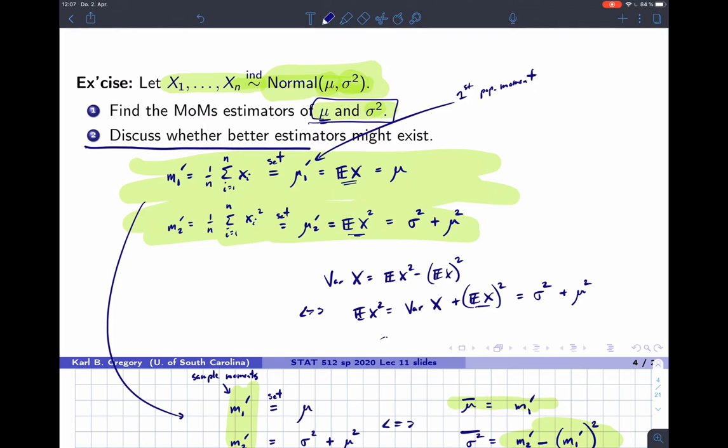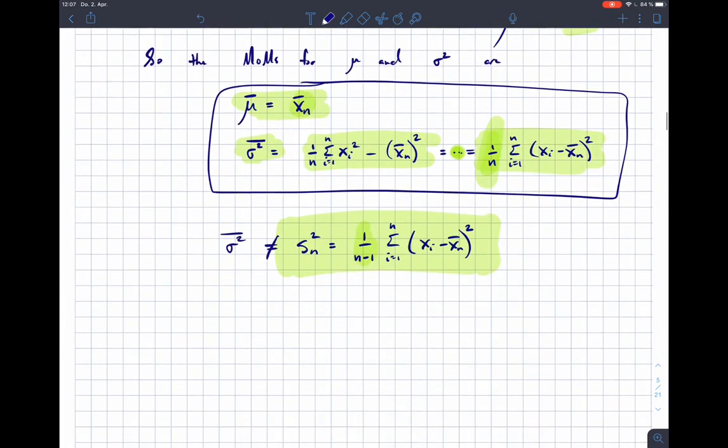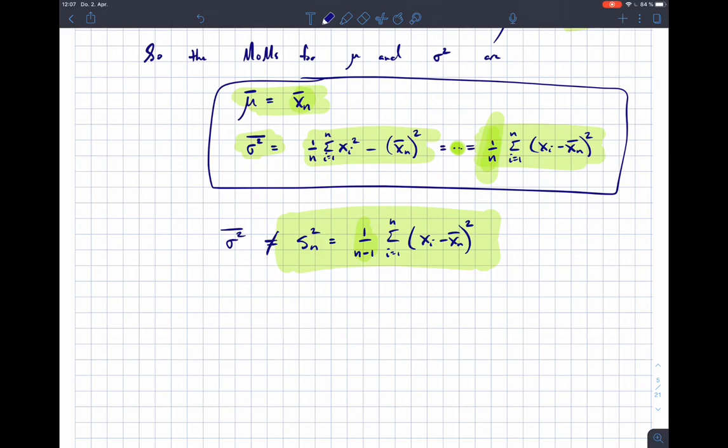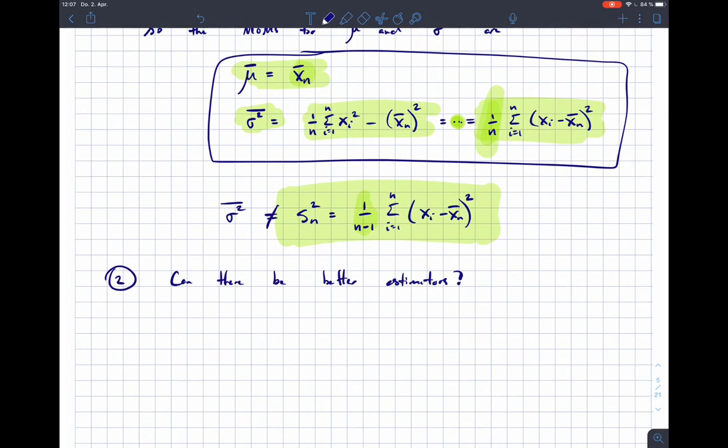Our second task is to discuss whether better estimators might exist. Okay, so let's discuss that. For mu, can there be better estimators? Well, for mu, I know that x bar is unbiased. We know that.